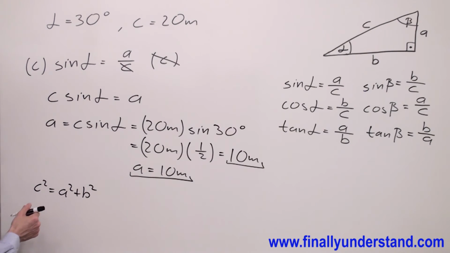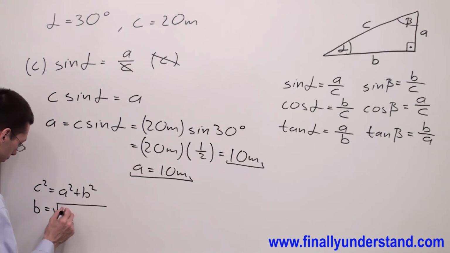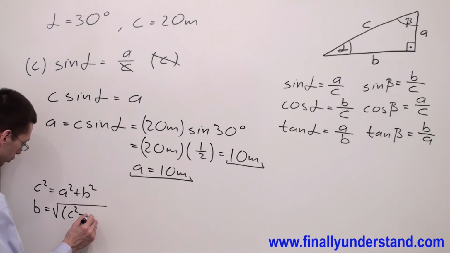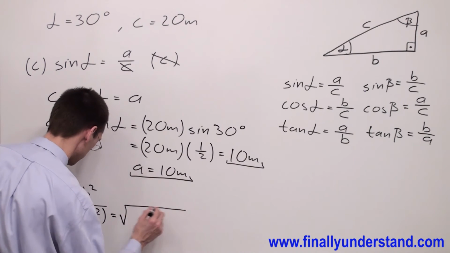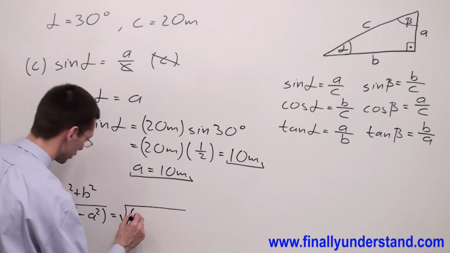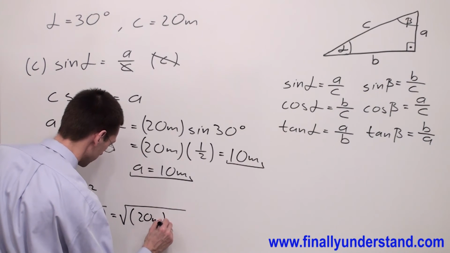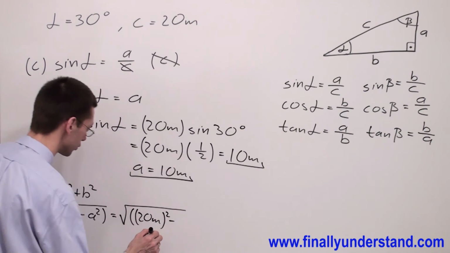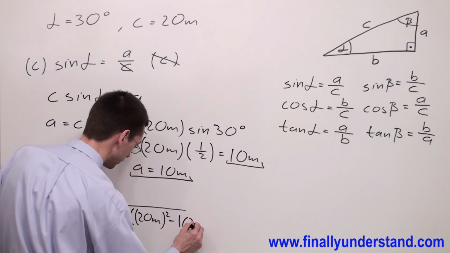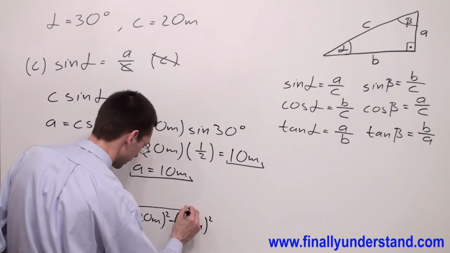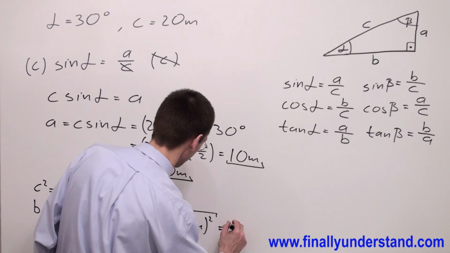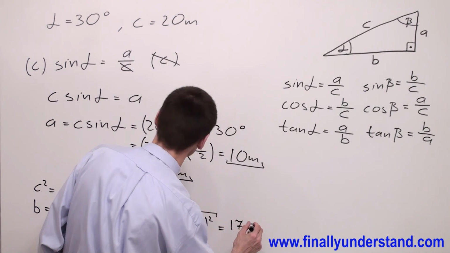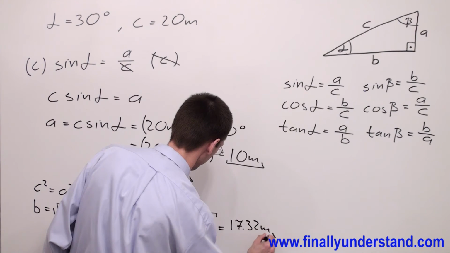If you want to find side b, you will have b equals the square root of c squared minus a squared, which is equal to the square root of (c is equal to 20 meters to the second power minus 10 meters to the second power), and this is equal to 17.32 meters.